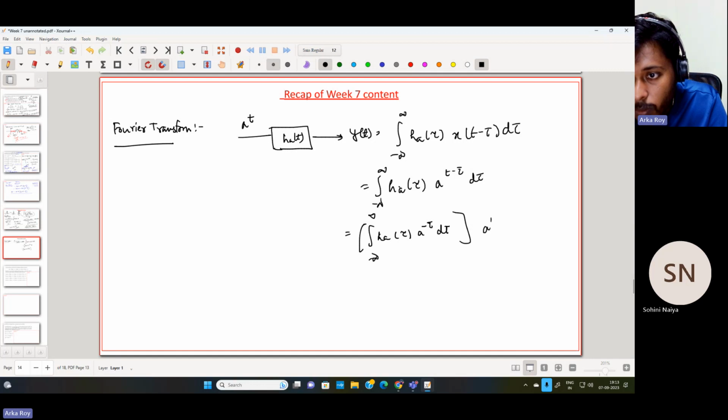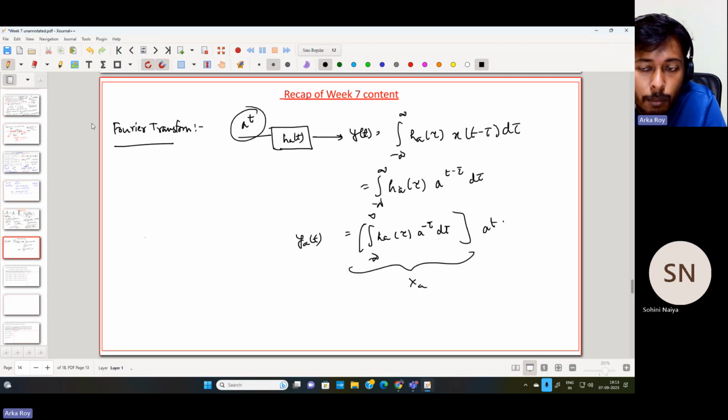So we can see we gave a to the power t as input and the output is some lambda a multiplied with a to the power t. That means I can refer to it as the eigenvalue, and a to the power t is called the eigensignal.